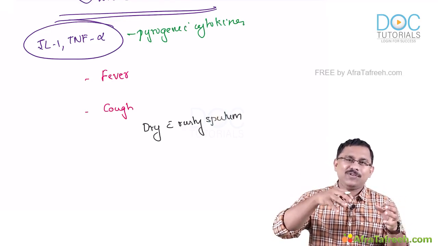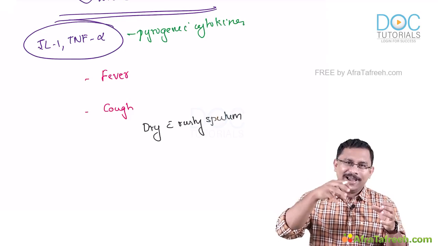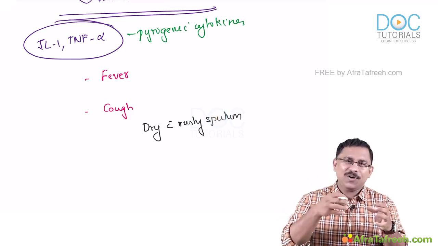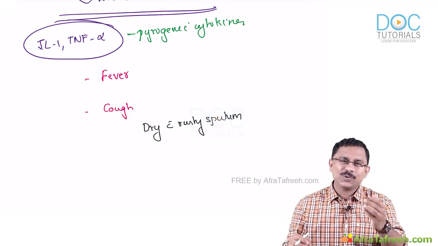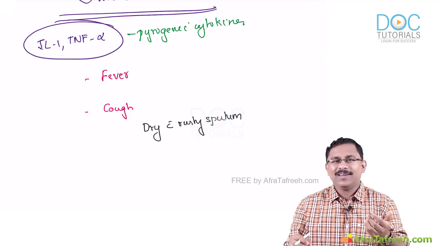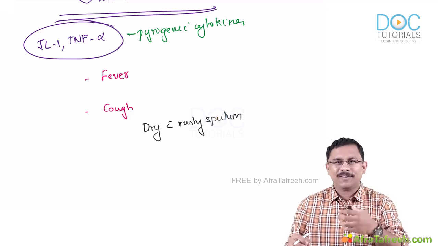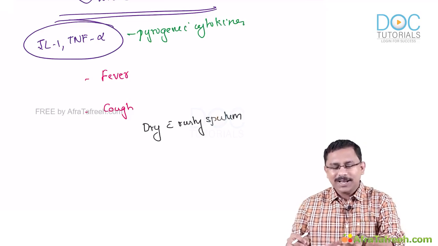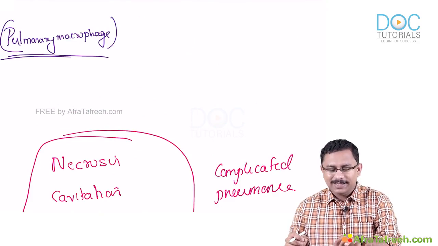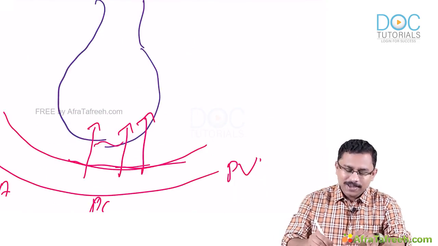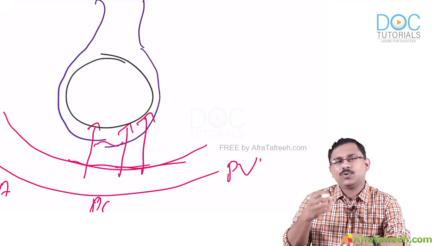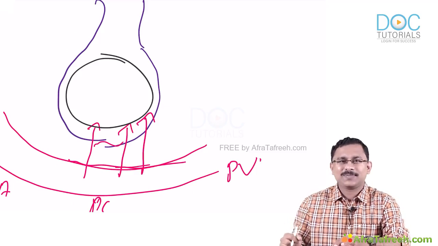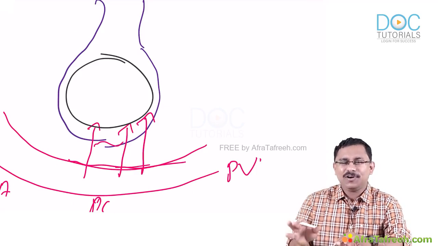Because inside the alveoli, you have the alveolar macrophages which would eat up all these inflammatory cells, or whatever exudate is there. So you have a battle going on, in which you have the macrophages on your side. Whatever exudates you have in the alveoli, initially the macrophages would try to take up these exudates. So at that time it would be a dry cough.